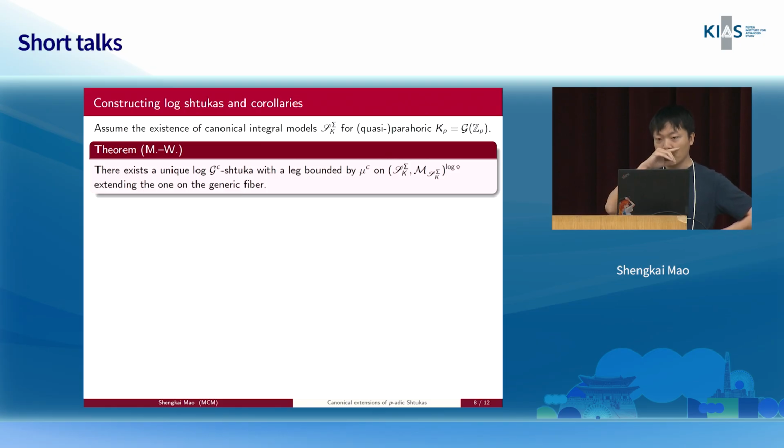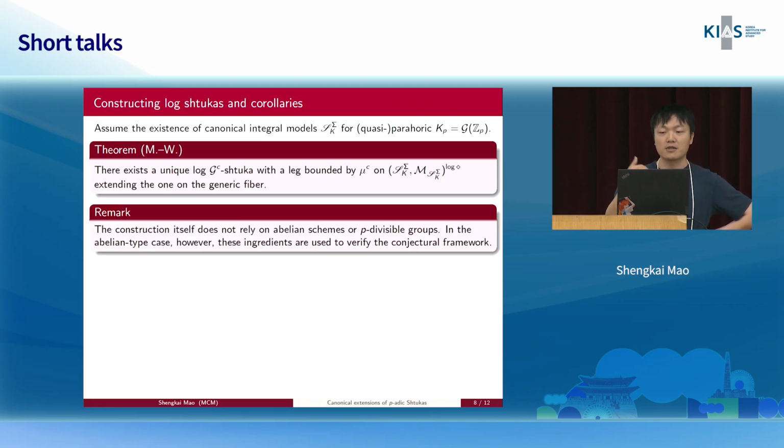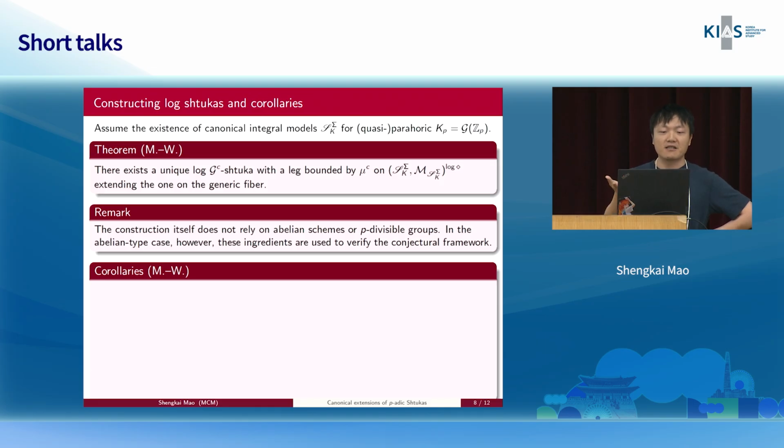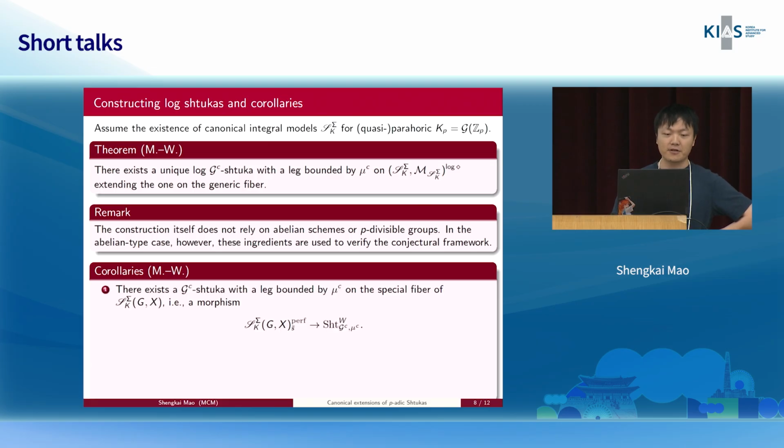On the generic fiber, you can pull back the level at K_p. Then by Diao and Liu-Zhu's work, you have a pro-Kummer-étale torsor with good monodromy, and you do have a log G-Shtuka on the generic fiber, and we show you can extend it to the integral base. The construction here does not rely on abelian schemes or p-divisible groups, because we only assume the canonicalness of the integral model. Yeah, but abelian schemes and p-divisible groups are needed when you verify the conceptual framework.